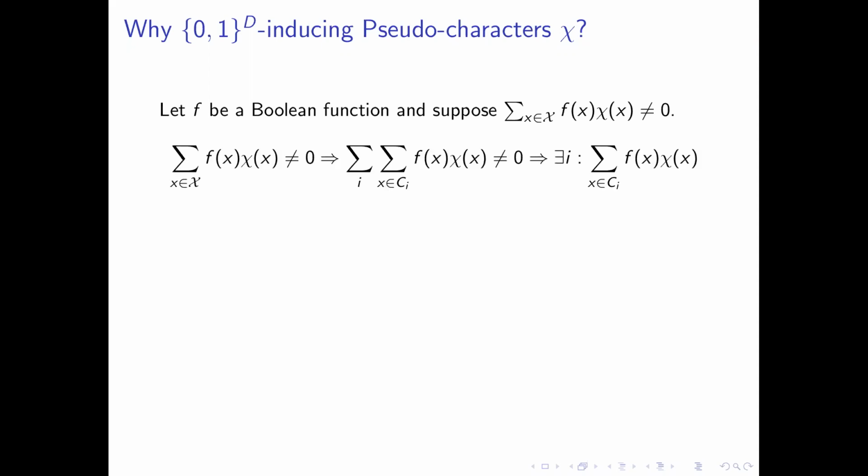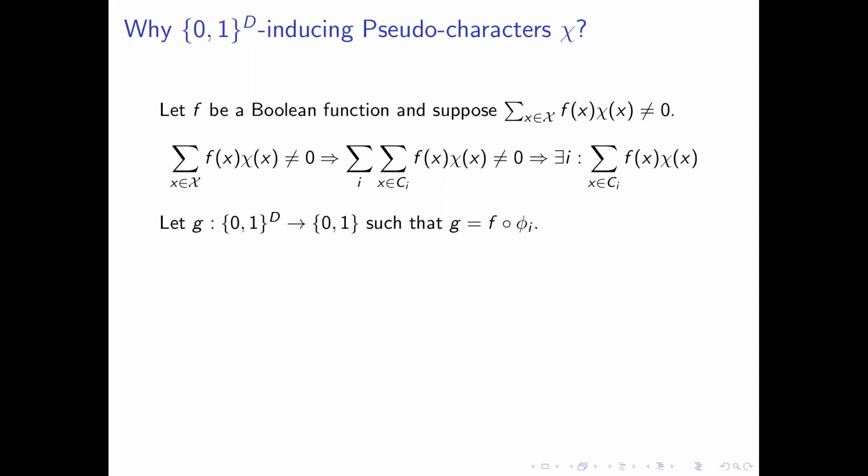I probably haven't given us enough time to really digest the definition, but we have this fact that if it's 0-1 D inducing, then we can partition the support of chi into disjoint sets, these C_i's. And the fact that the inner product is not zero means that there exists an i such that I can just consider one of these terms, this one for C_i.